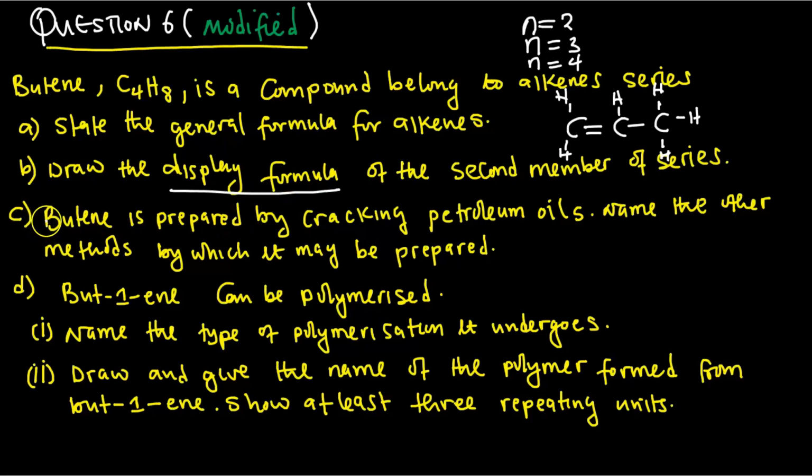Then now the C question: butene is prepared by cracking petroleum oil. Name the other method by which it may be prepared. So another way, in short, how alkenes are prepared aside from cracking. Yes, cracking is one way you can obtain alkenes. But what is the other way aside from cracking? Another way is dehydration of alcohol.